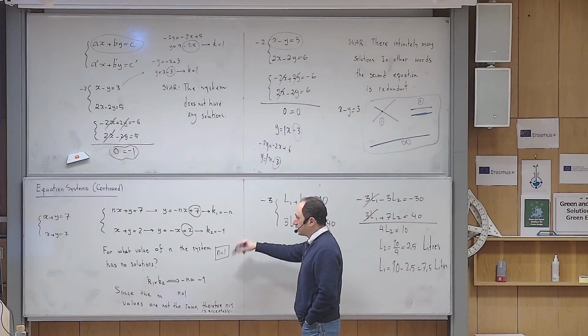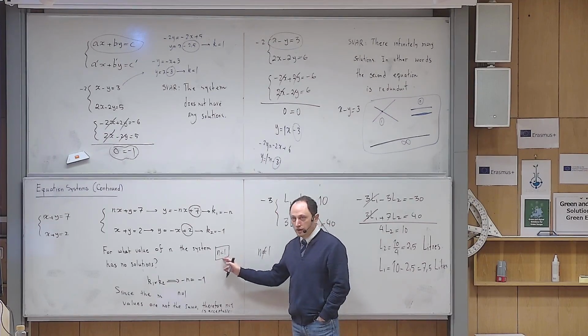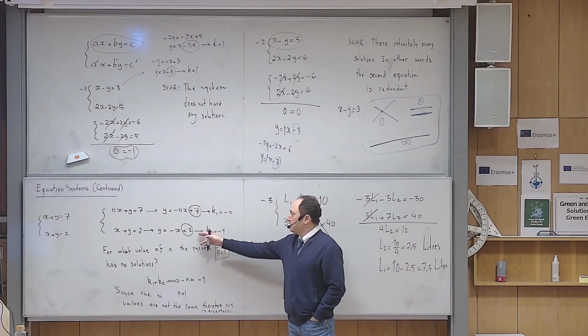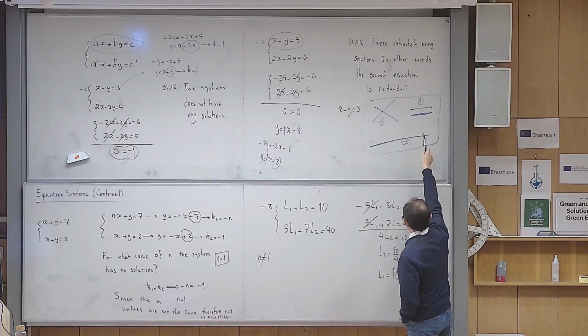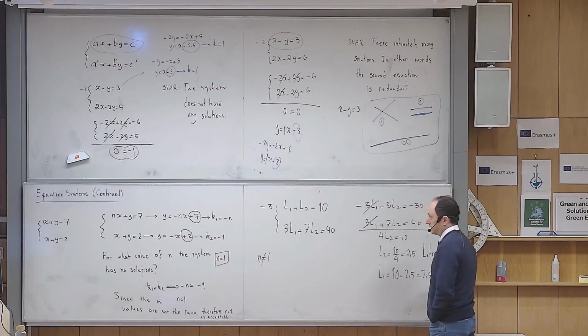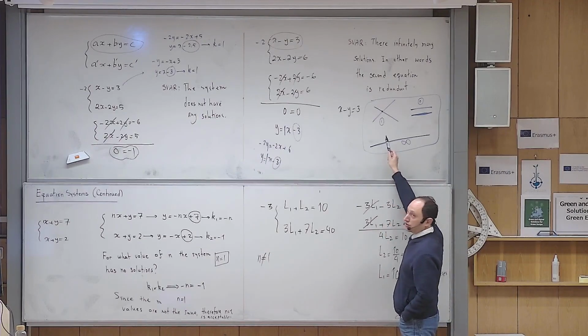The answer to the second question that I told you just now is n not equal to 1. Because if n is equal to 1, since the m values are not the same, I am facing this scenario. There are no solutions. But if I want them to have one solution, it means that I have to force them to intersect.